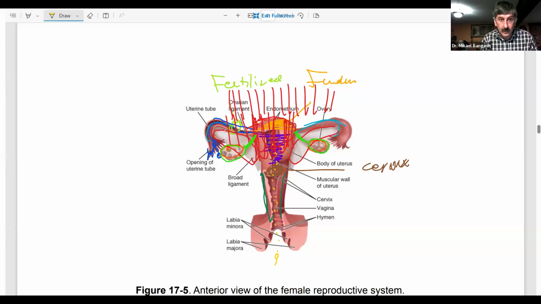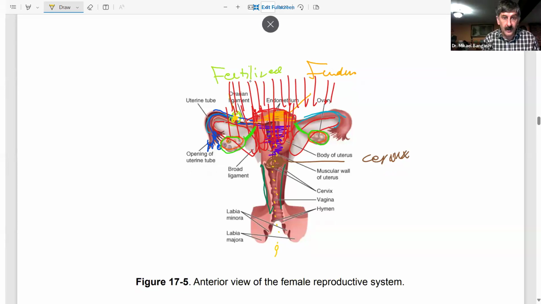It was not able to complete that final stage of the journey, to travel down the fallopian tubes to the uterus. Because what I said was, most likely, the common spot for fertilization will be somewhere here, but it will still manage to travel down.